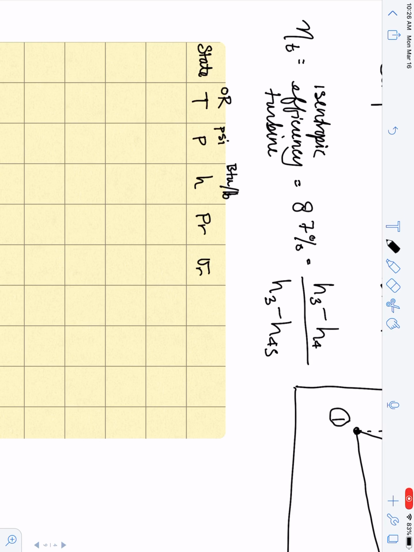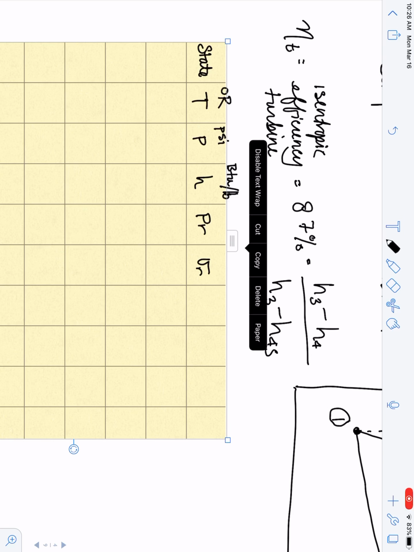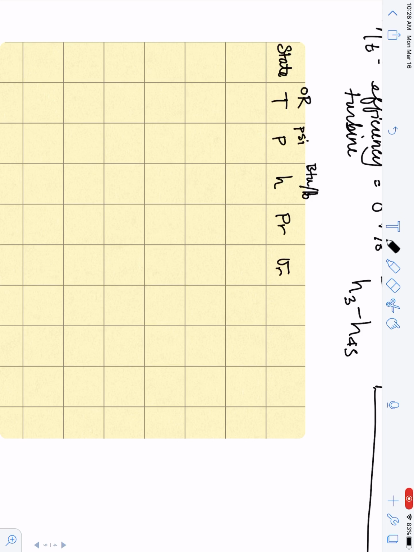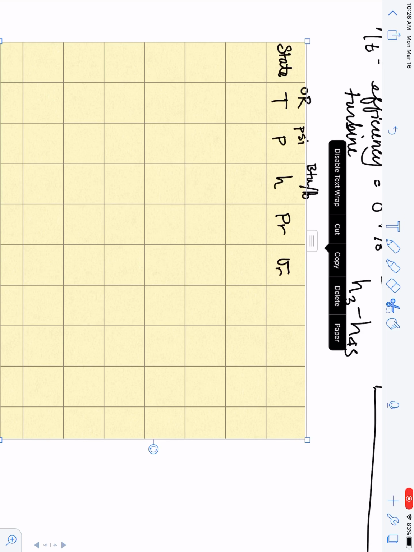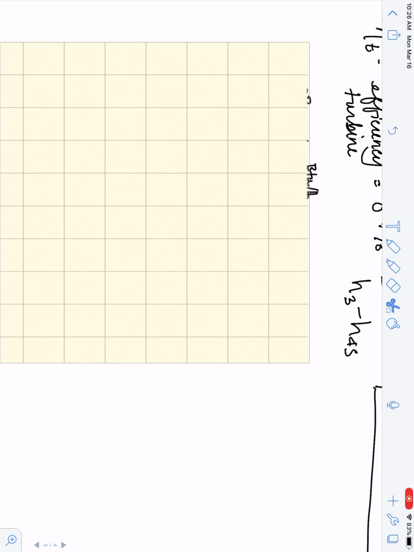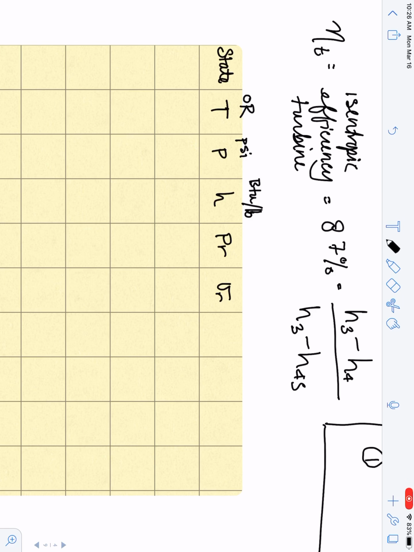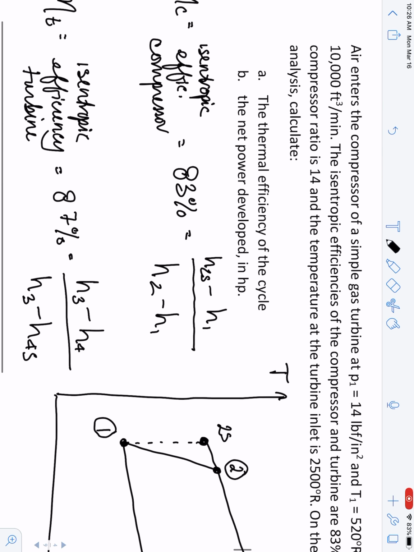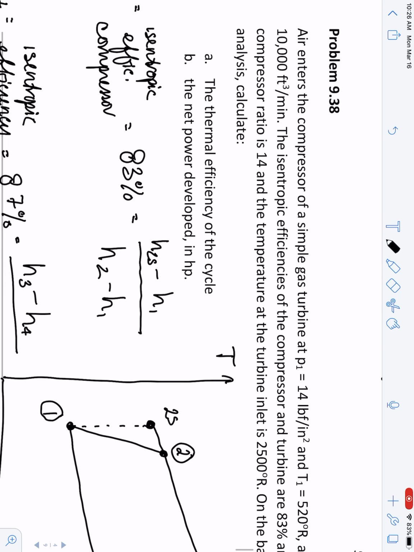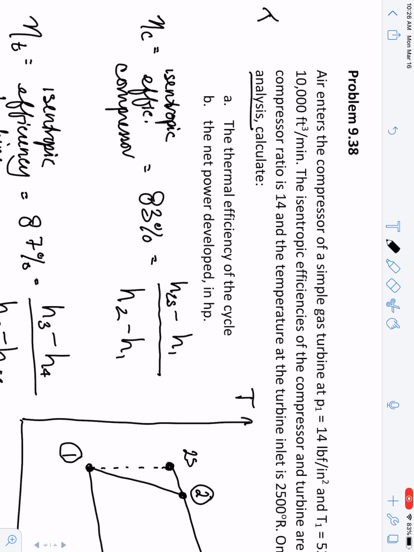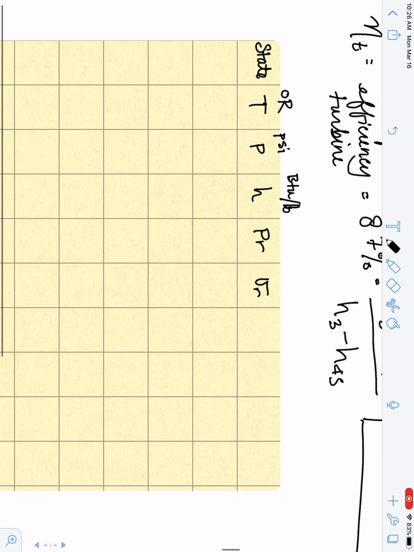Again, this is an air standard basis, not a cold air standard basis, so we are using our table A-22. For air standard analysis we use table A-22, and of course we're in English units now.